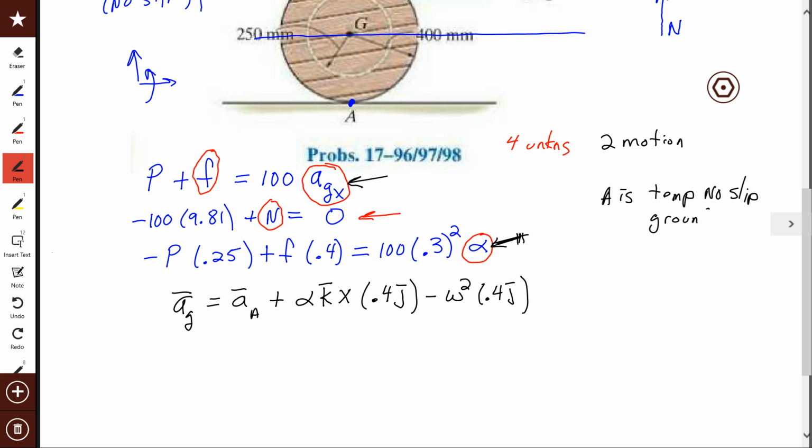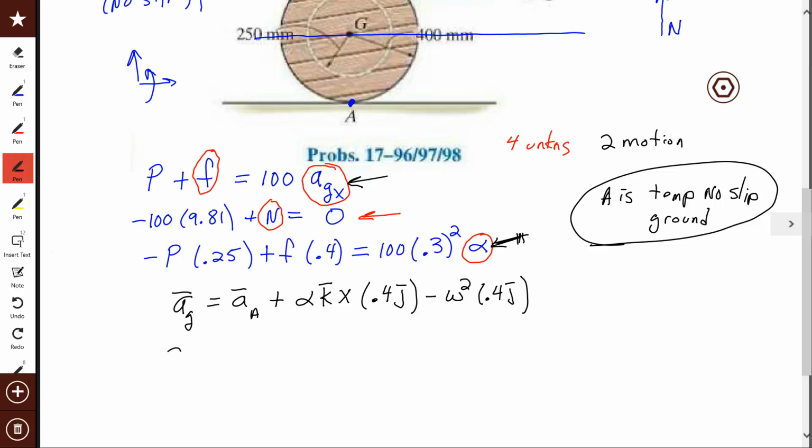I gave you a table that says the velocity of a temporary contact, no slip, is the same, but the accelerations are not. The accelerations in the plane direction, which in this case is horizontal, are the same. So the acceleration of A horizontally is the same as the acceleration of the ground horizontally.